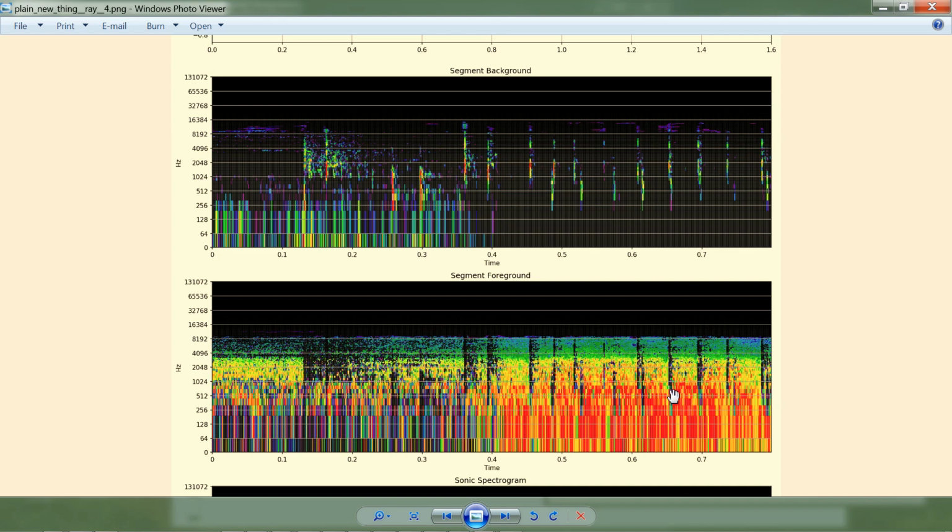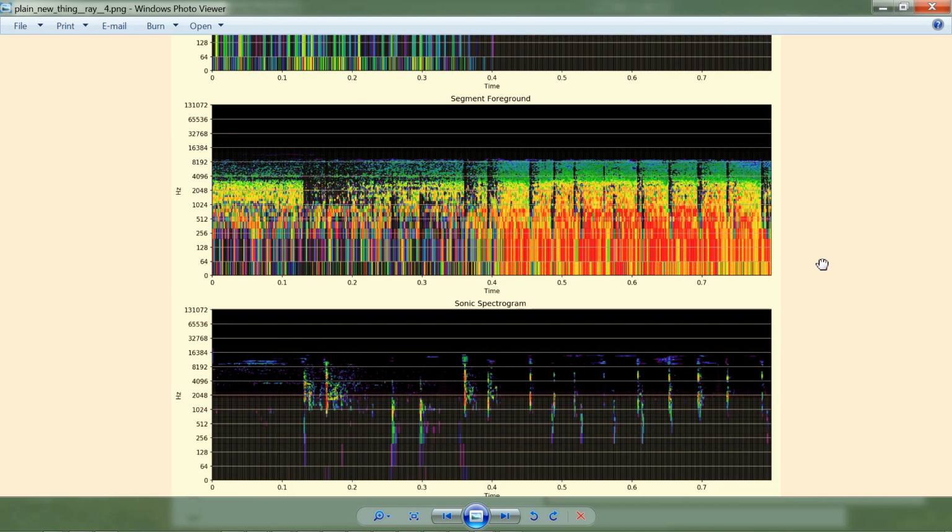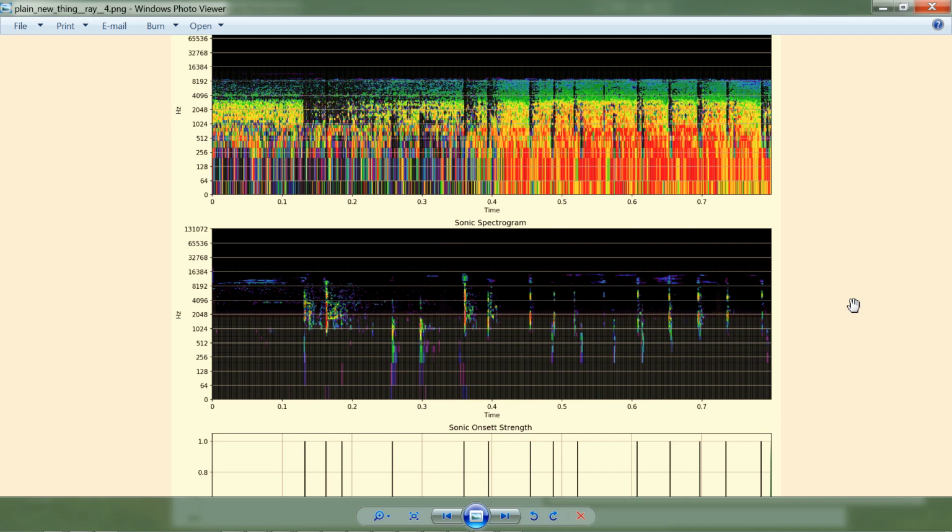Sometimes this can give a greater contrast to what events are occurring, because voices and music and sirens are harmonic in nature, and while they may have some percussive component, they're not very much like gunshot sounds. So this is just more techniques for extracting data out of hard situations.